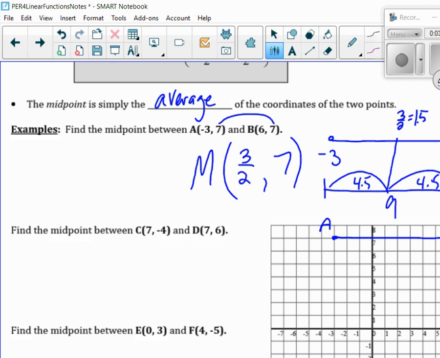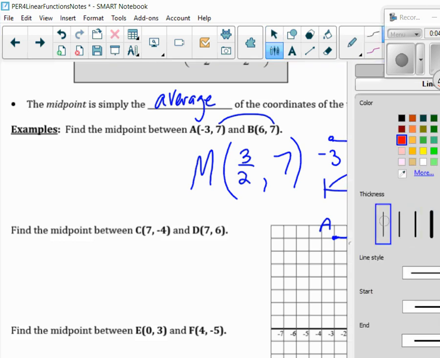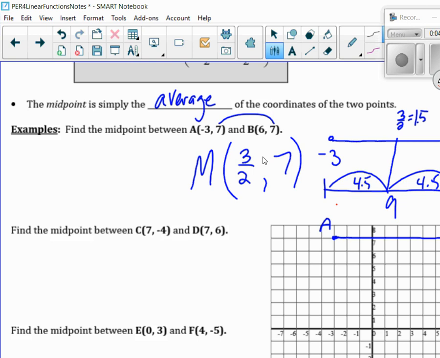Do you understand the distance is 9? So the halfway point, just by common sense, would be at 4.5. So 1, 2, 3, 4.5, right there. There's my midpoint. Well, isn't that what I got? What's 3 over 2? 1.5. What's the coordinate right here? 1.5, comma 7.